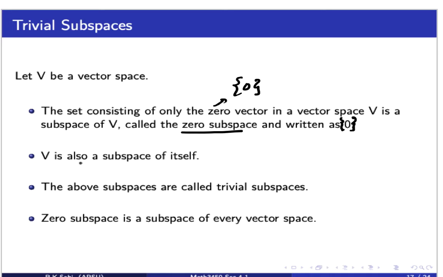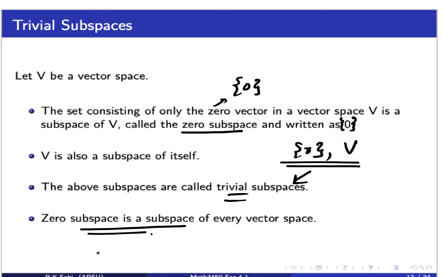And we also proved that V is a subspace of itself. So there are two subspaces, the zero subspace and the original vector space V. These are called trivial subspaces. And one more important thing, the zero subspace is a subspace of every vector space.